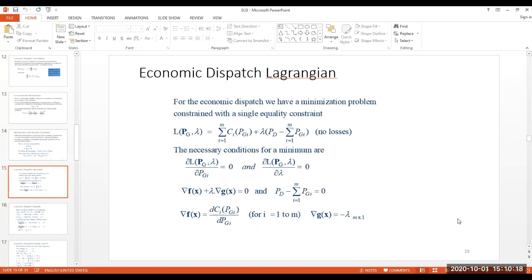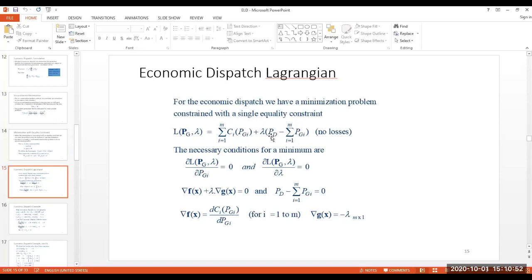Okay, so now we form our Lagrangian expression. Instead of using the arbitrary variable x, I have included here PG and lambda. The first part, if you remember, was f of x. So this is my f of x, the summation of costs for all the generators, which are functions of the generation output variables, plus lambda into g of x. You see this is represented as g of x equals 0.